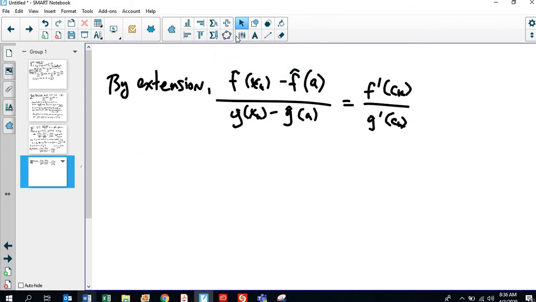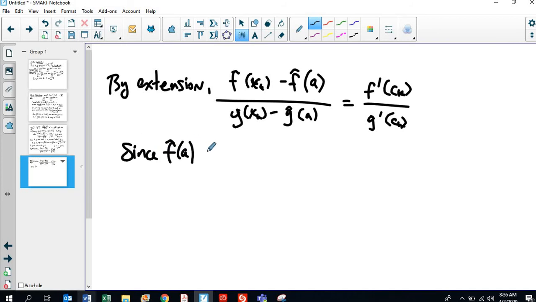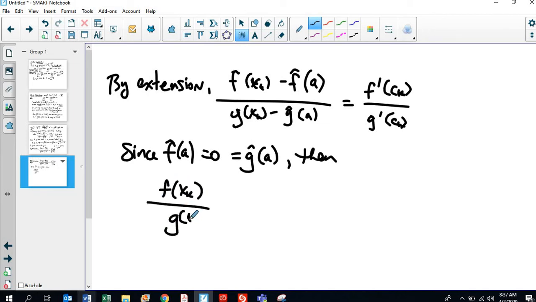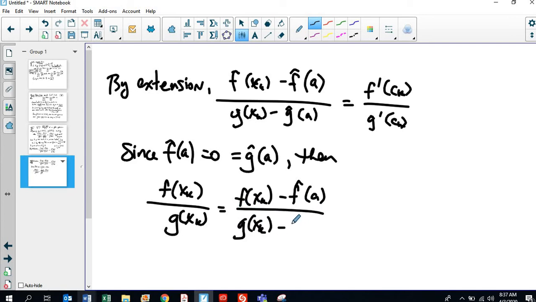So here's the idea. Since we defined f hat of a equal to 0 and g hat of a equal to 0, then if you take a look at f of xk over g of xk, that's the same as f of xk minus f hat of a over g of xk minus g hat of a, because those are 0.